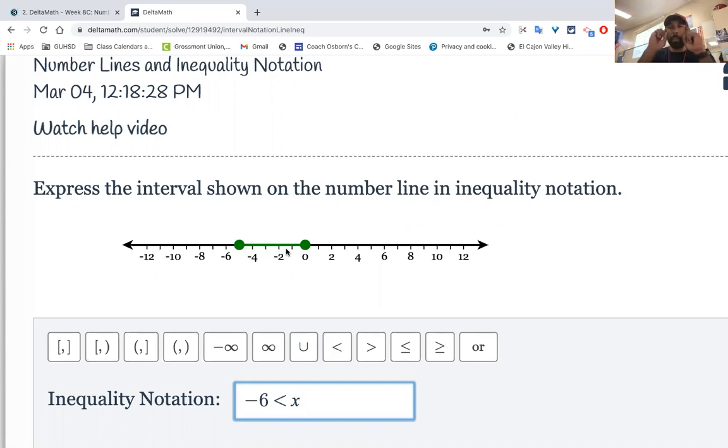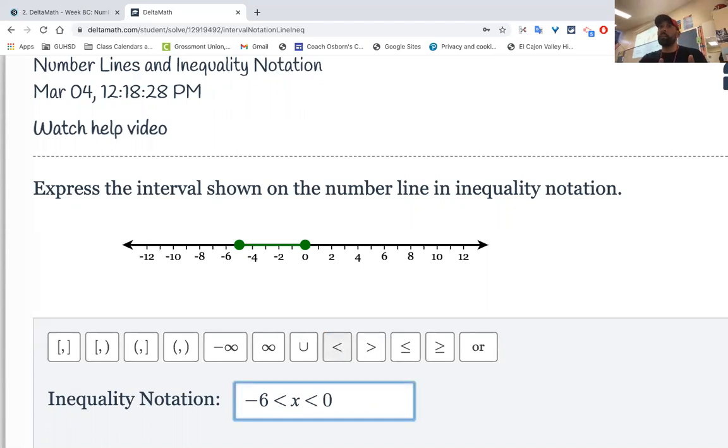So I want you to think about that. The shaded area is bigger than -6, but for 0, the shaded area is less than 0. So now when I draw the symbol, I want to put less than.